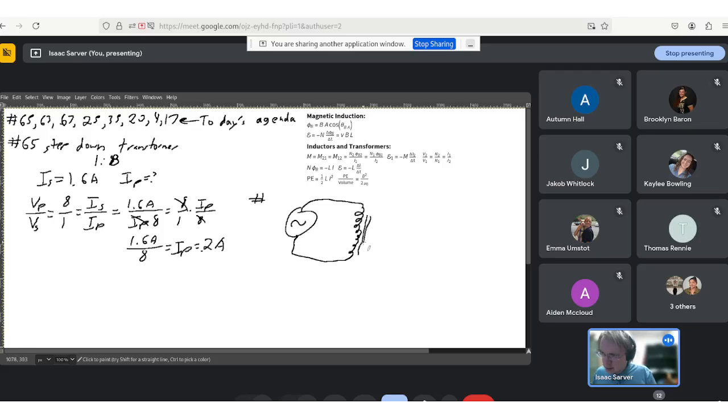If I can make a good transformer, close enough. And then we have a load over here, coils on this side. This is 14 ohms. All the wire on this side is 56 ohms.